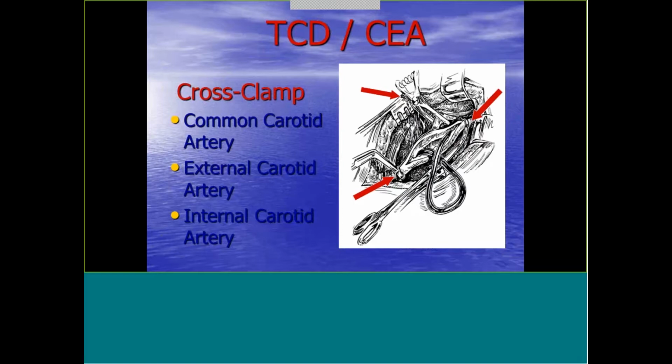All right, so now what are they going to do? They're going to go in and they're going to cross clamp. So this is a slide. I'm sorry it's black and white, but it's showing you how they're going to ligate off the common and the internal and external here, and they're going to shunt. Some surgeons will shunt everybody.